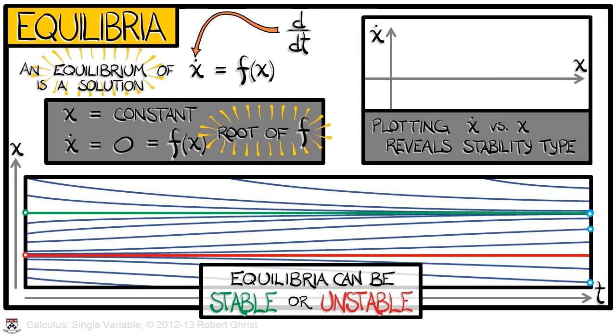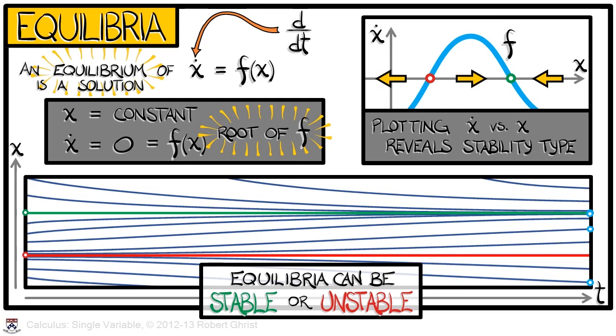Now, one way to determine stability of an equilibrium is to plot not x versus t, but x dot versus x. Remember, x dot equals f of x in this model. And so, by plotting f, one can see the equilibria clearly. The roots of f, that is where it crosses the horizontal axis, are precisely the equilibria.